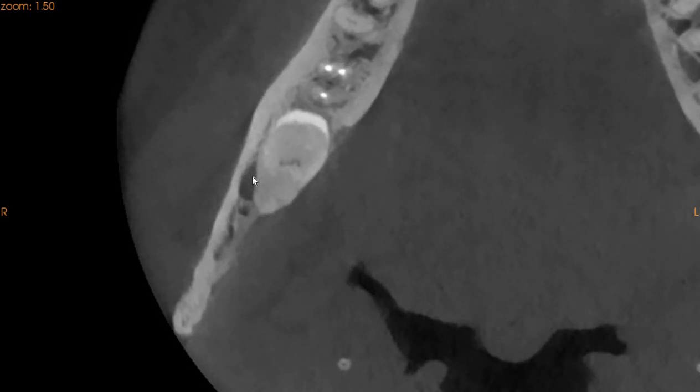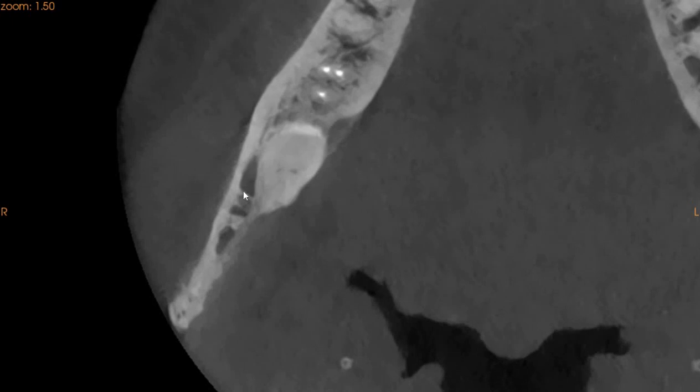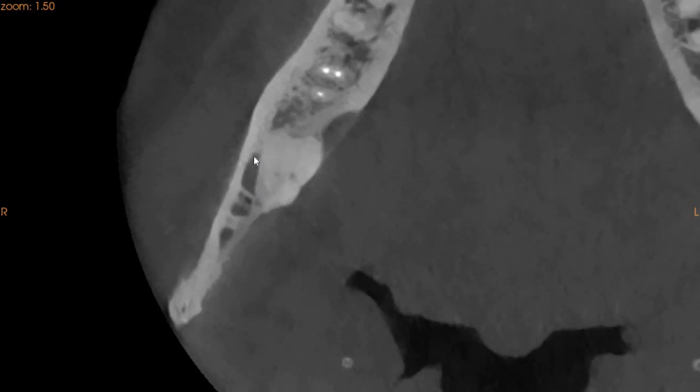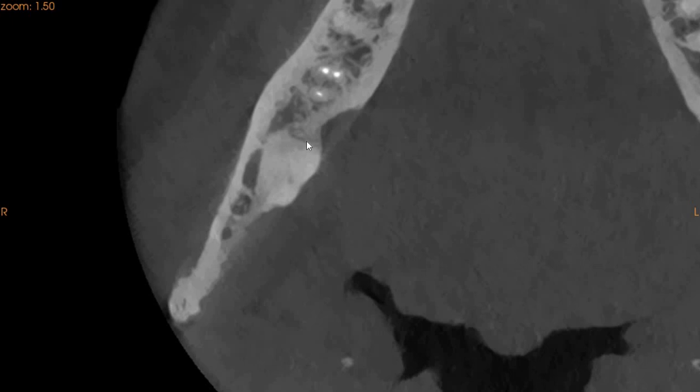And this is the nerve canal. It is present very buccally to the tooth. The wisdom tooth is placed lingual. The inferior alveolar canal is placed buccally, but it is in complete contact. We have loss of cortical plate here. So the extraction of this tooth will definitely need to be done carefully because it is very closely associated with the nerve.